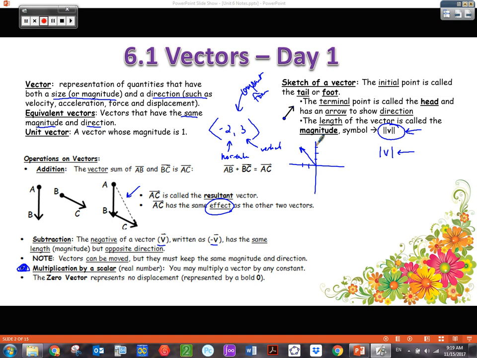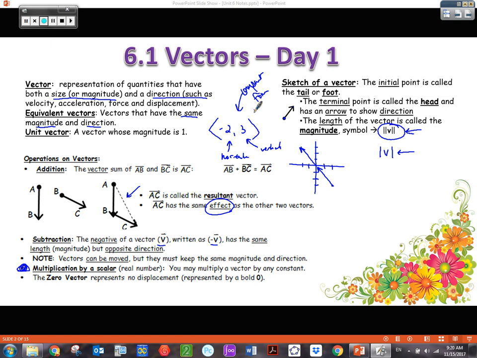What if I wanted to put the tail here? Then I would just need to go over 2 and up 3, and my vector would look like that. It doesn't matter where you draw it. It just has to be horizontal movement 2 to the left, vertical movement 3 up. That's where you put the end of it.